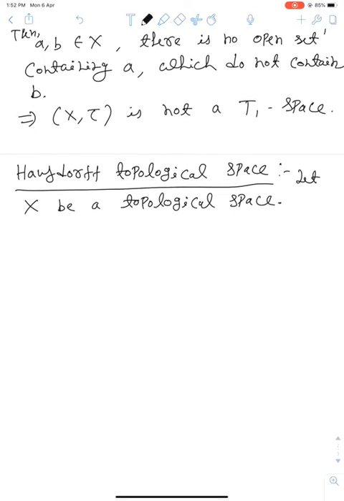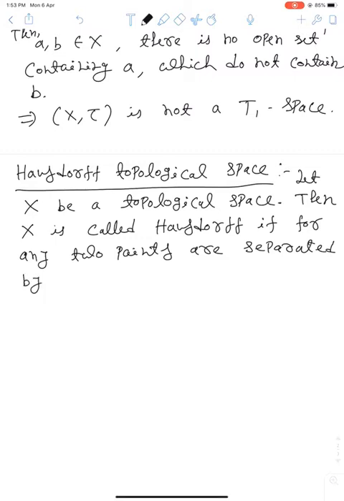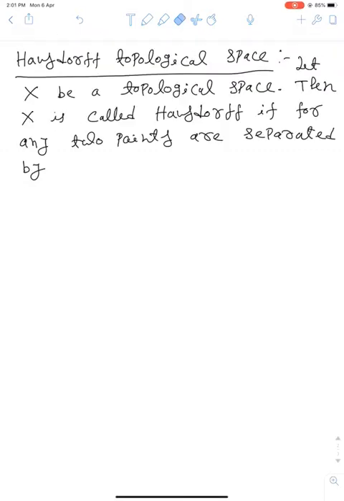Then X is called Hausdorff if any two points are separated by open neighborhoods.